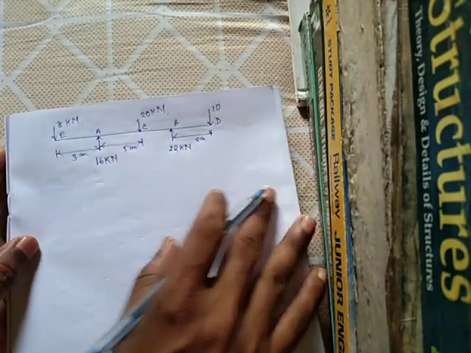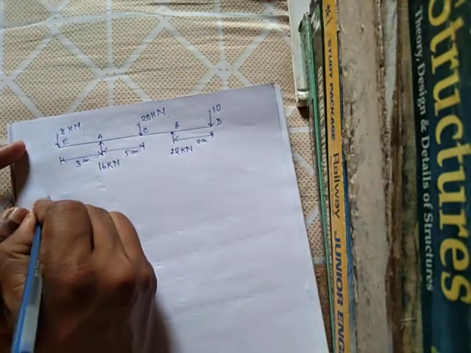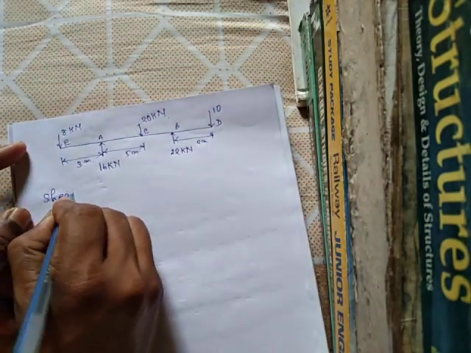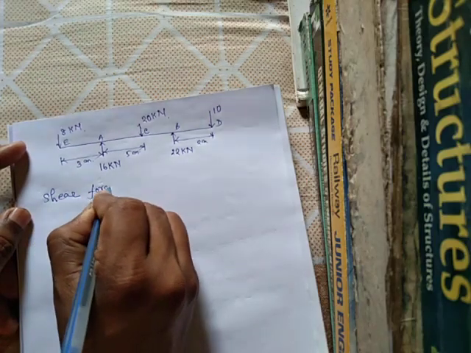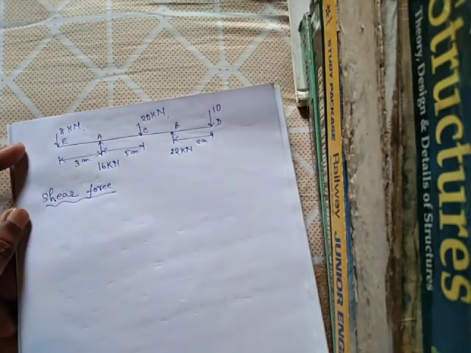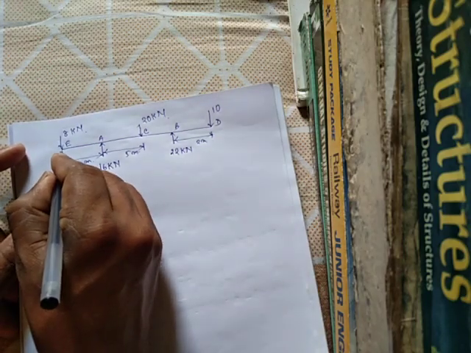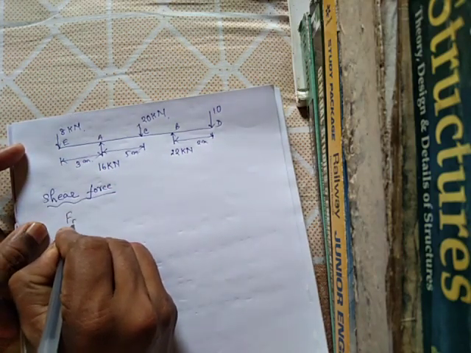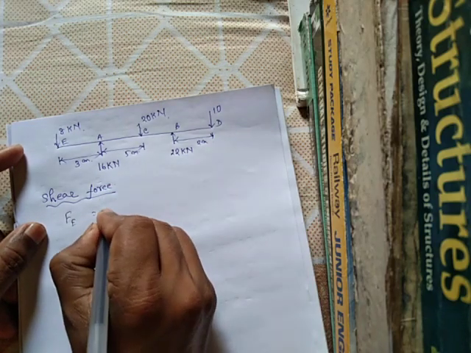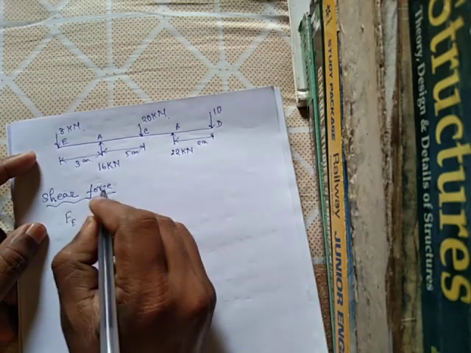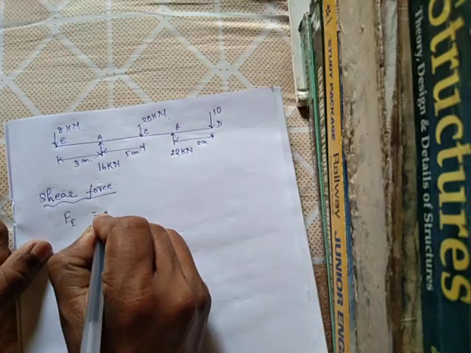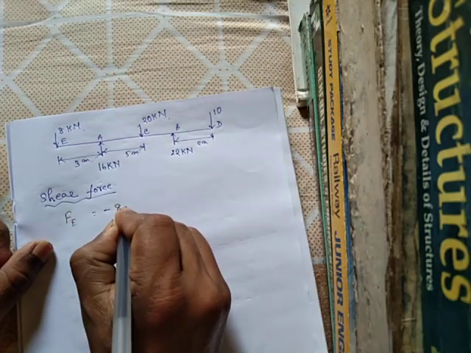Now find the shear force at point E. Shear force at point E, F equals negative 8 kilonewton load.